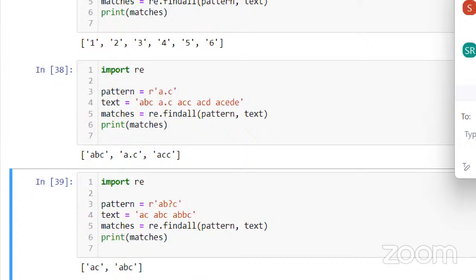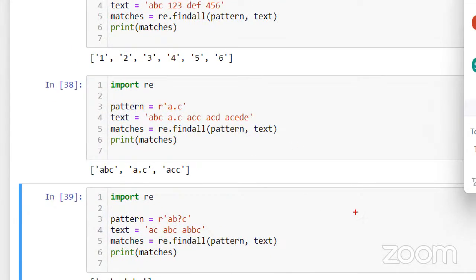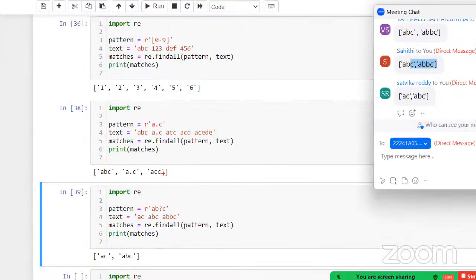As we saw, question mark means 0 or 1 occurrence, not more than one. So which characters can we find in the given text? AC we can have, because AC doesn't have B, but it is allowed. Either it can have 0 or 1, and after A it is followed by ending with C. Then ABC is also allowed because of 0 or 1 occurrence. But this is not allowed because there are more than 2 occurrences. Very good.